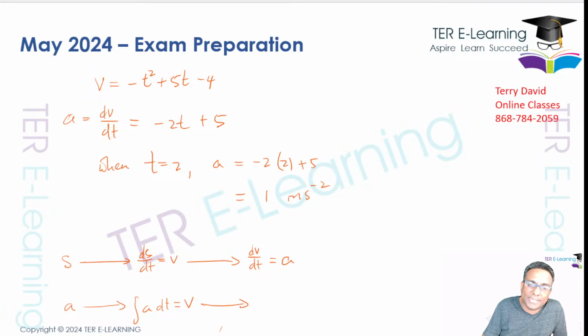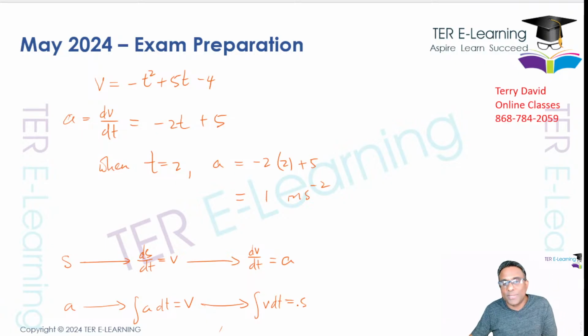If you want to get displacement, all you need to do is integrate your velocity and you're going to get your displacement. So there's a relationship between differentiation and integration when it comes to displacement, velocity, and acceleration.